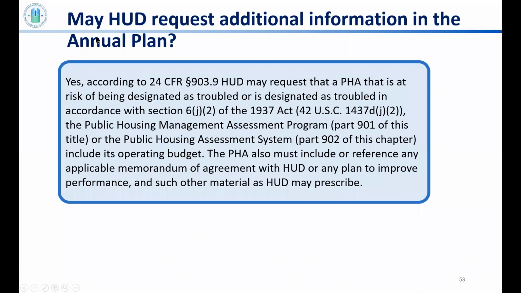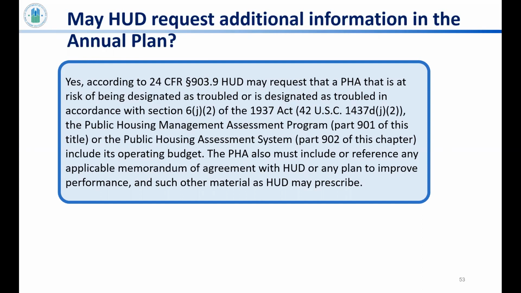Okay, may HUD request additional information in the annual plan? Yes, we said we can. 24 CFR 903.9 says that yes, HUD may request it of a PHA that is at risk of being designated as troubled or is designated as troubled in accordance with Section 6J2 of the 1937 Act.